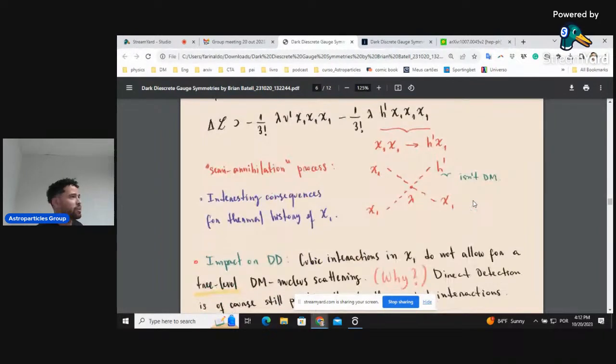In this case, that's the one I talked about, where we can have this kind of semi-annihilation process. There is a paper from Carlos Yaguna, who was visiting our group, where he talks a little about semi-annihilation processes in a two-component dark matter scenario.